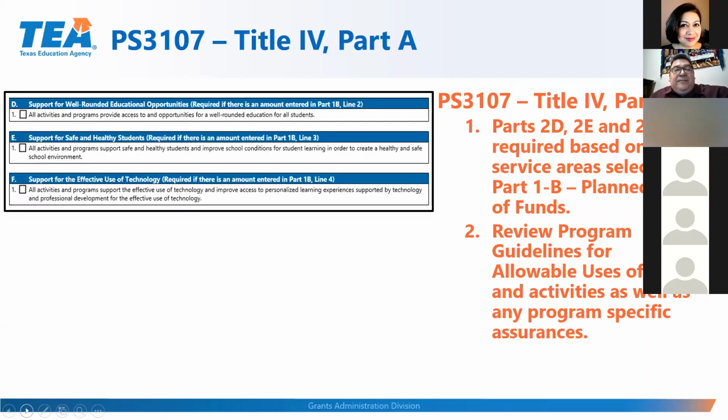Parts D, E, and F are specific to the activities that you're going to be using for those different programs based on what you budgeted. If you only budgeted for one service area, you'll only have to check the box for that service area. If you've selected 2 or all 3 service areas, then all 3 will be required to be checked, that you're just providing that assurance that you're going to be using it for the effective use and for the allowable use of those funds.